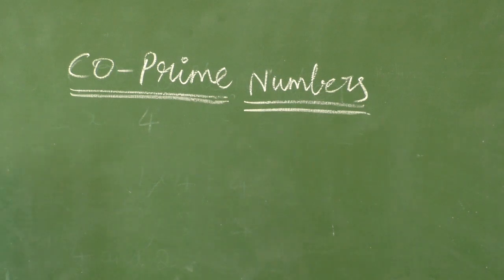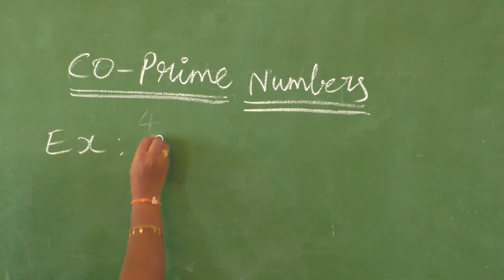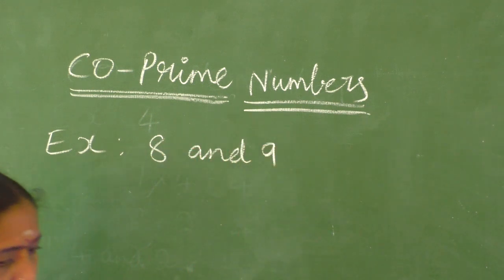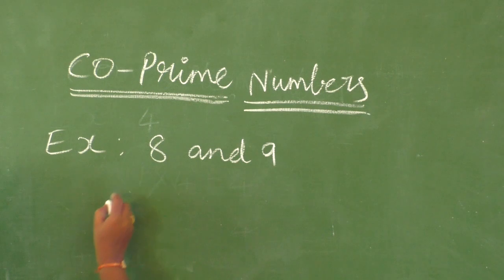For example, now I am going to take the numbers 8 and 9. Common factor means we have to write the factors. What are the factors of 8? 1 is a common factor for every number.